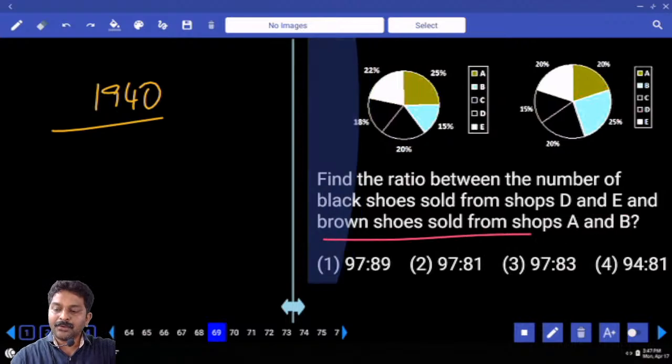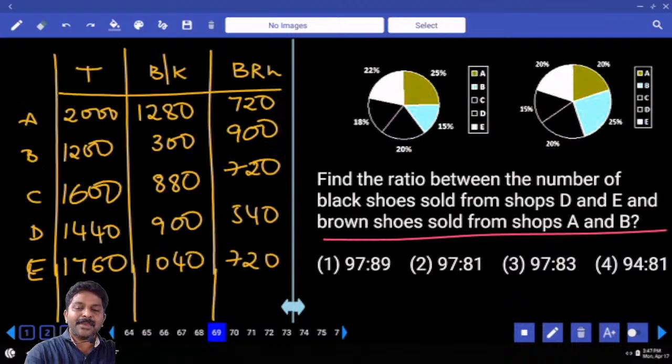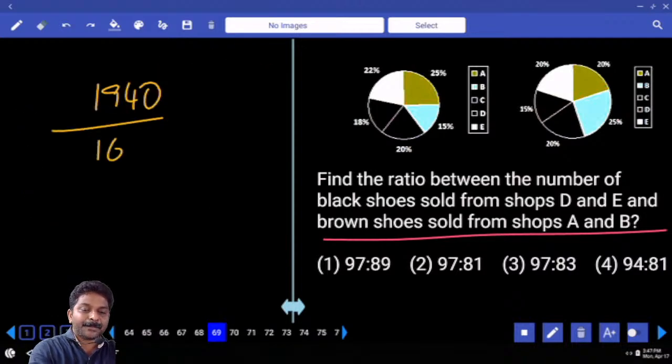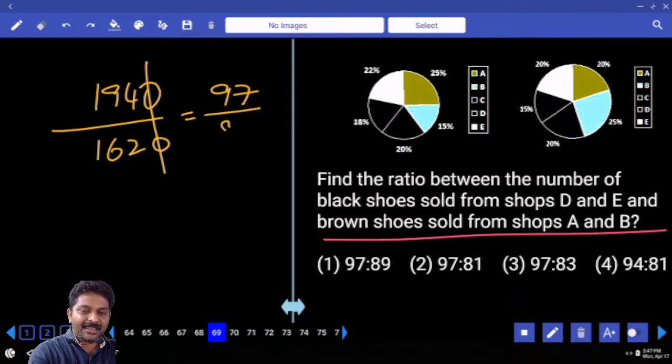And brown shoes sold from A and B, 1620. First, we can cancel with all zeros, right? When we look at your options, the options are two distinct numbers close to 100, correct? But hardly do we have numbers close to 200. So cancellation is with 2 only. 97, 81.